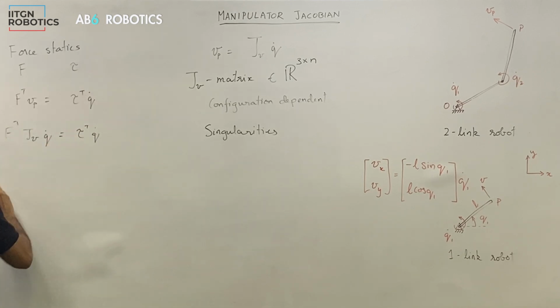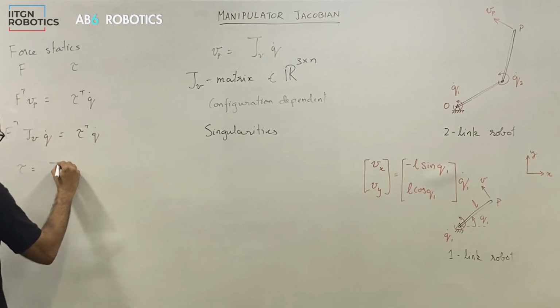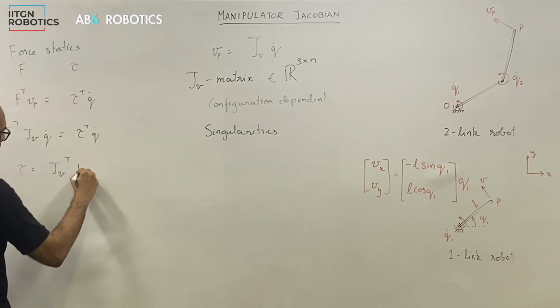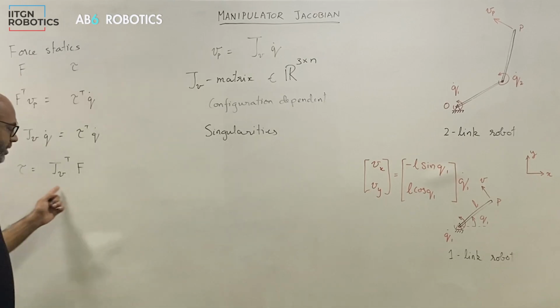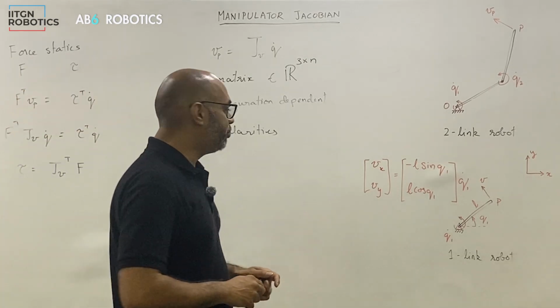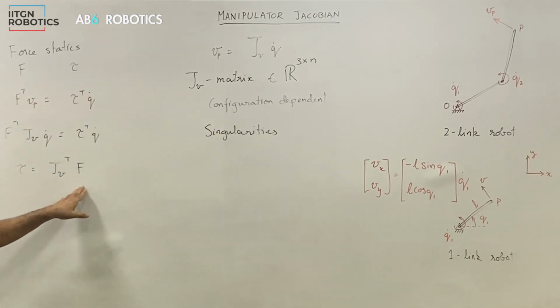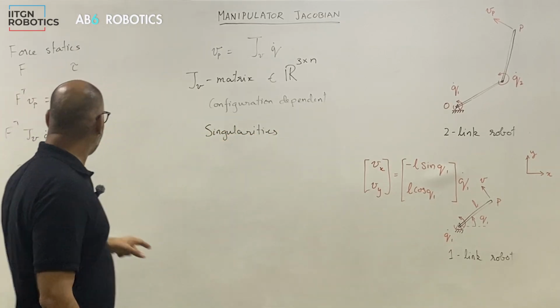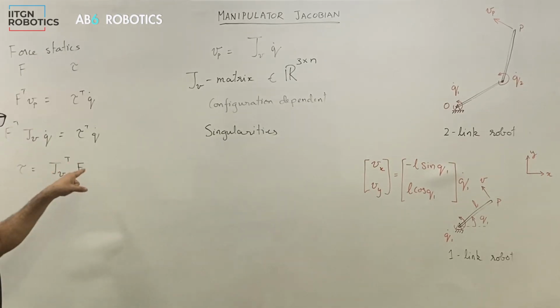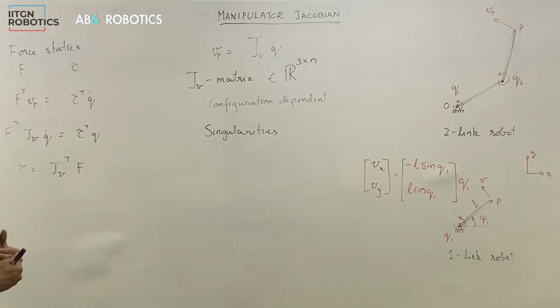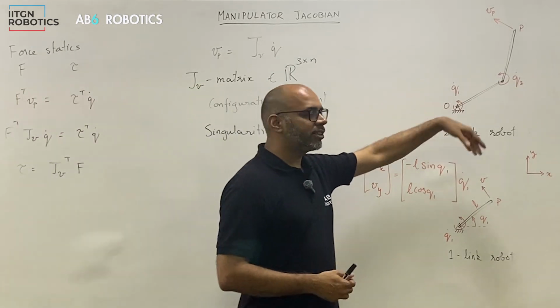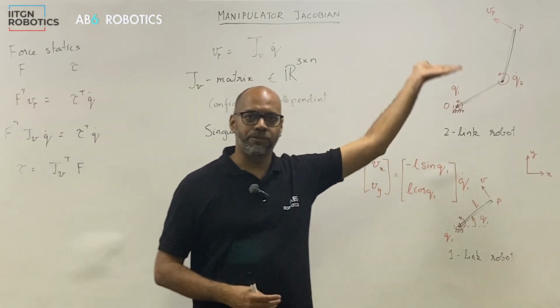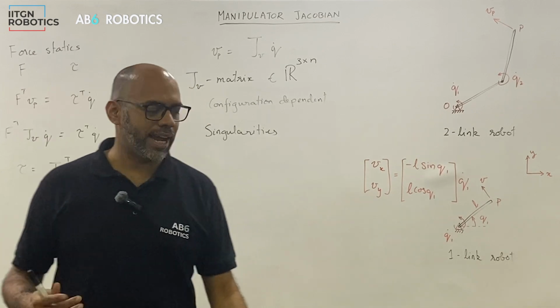So I get tau is equal to JV transpose F. What this equation tells me is, to be able to apply a certain force F, the torque that I need to command at the joints has to be JV transpose F. So again, Jacobian plays a prominent role here. Jacobian relates what torques I need to apply at the joint to get a net effective force at the end effector.